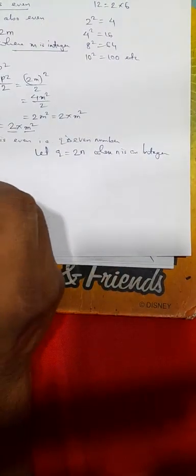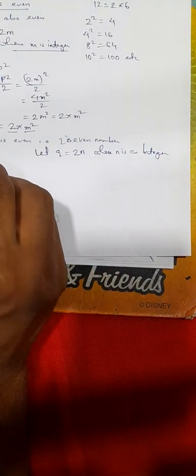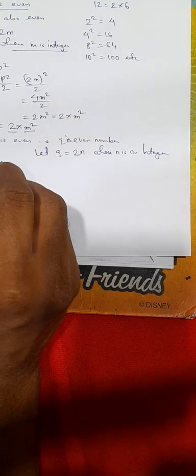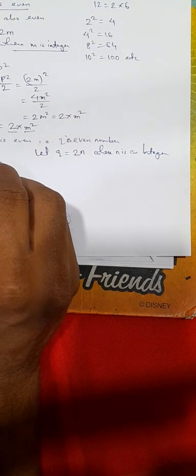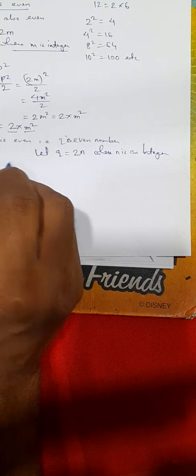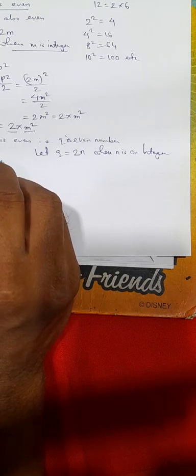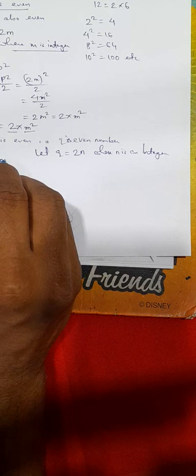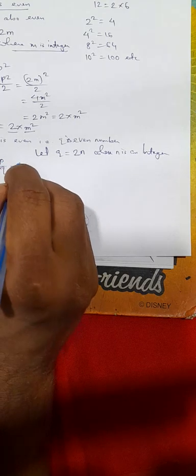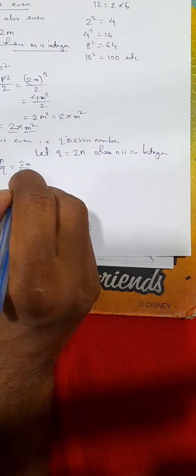Now, P is even, q is also even, right? So we got p divided by q, with p equal to twice m and q equal to twice n.